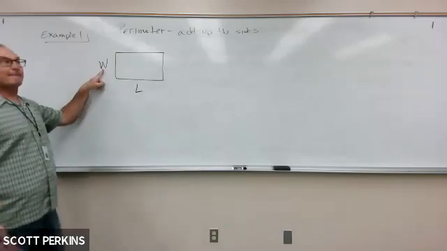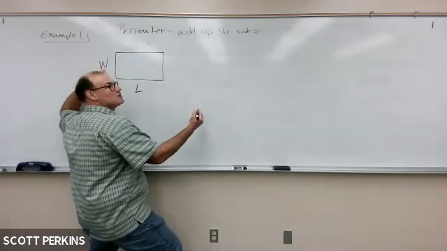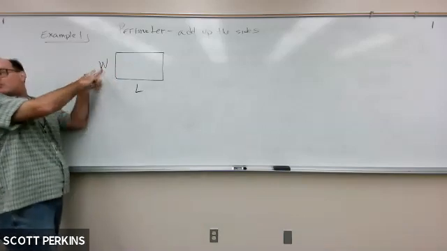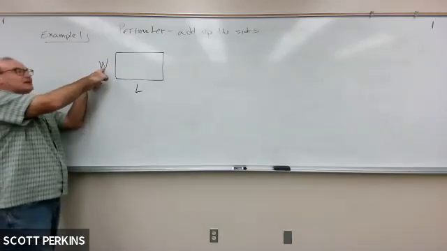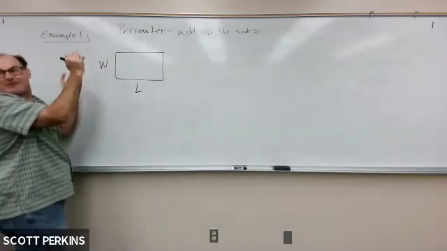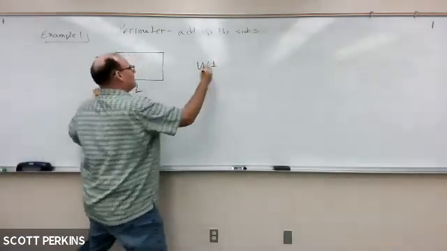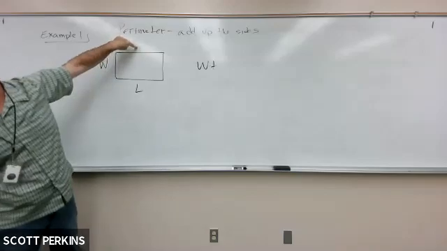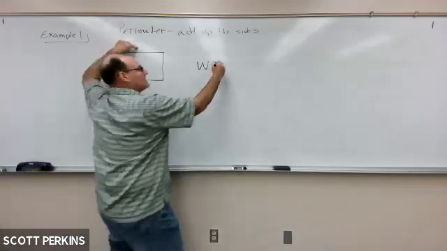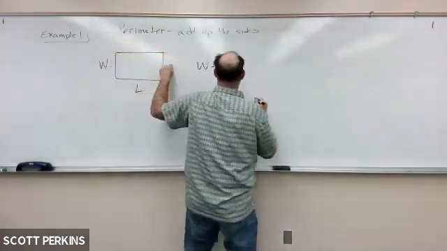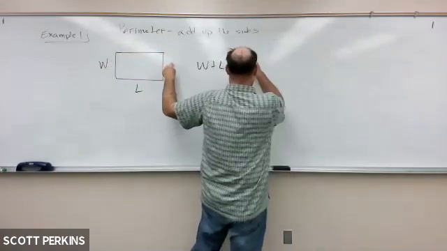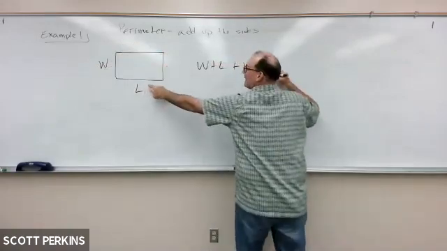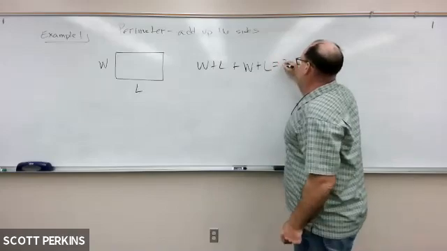This side is what? Not a trick question. It's W. Yes, perfect. What's this side up here? Yes, it's L. It's the length. What's this side over here? W. What's this bottom side? And that's equal to 320.